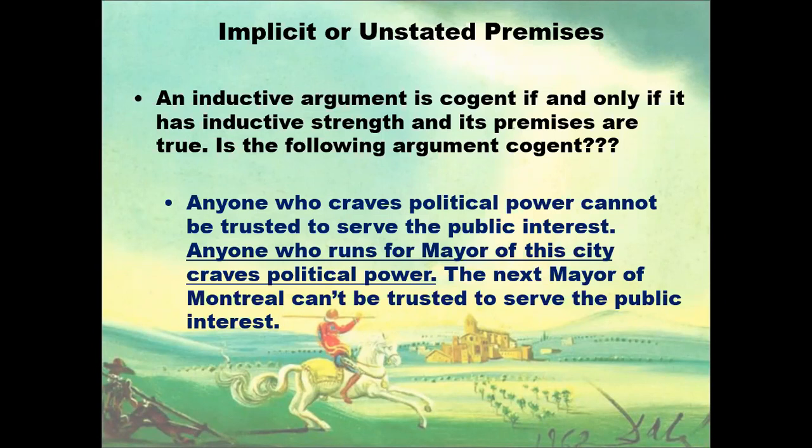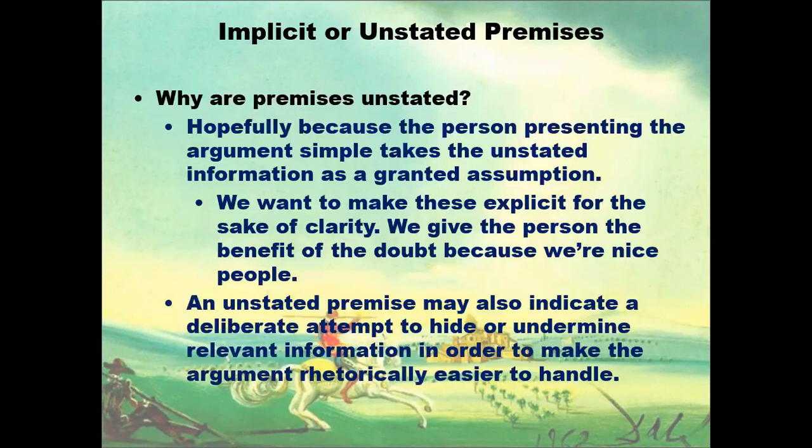But you have to watch out when people do this, because sometimes they are trying to undermine or omit information which is implied, which they do not want to make explicit because it won't sound good. So be mindful of when premises are hidden and what's being hidden, and is it being hidden for any rhetorical intention? But that's just a side point.